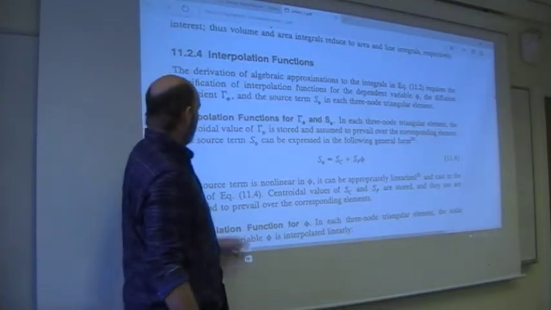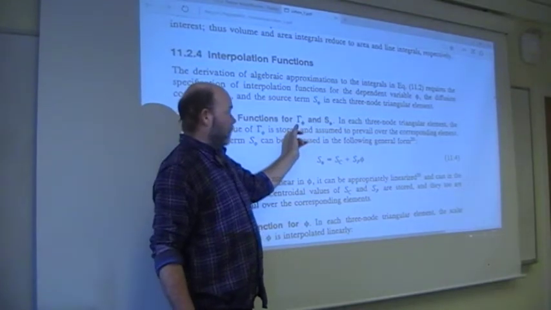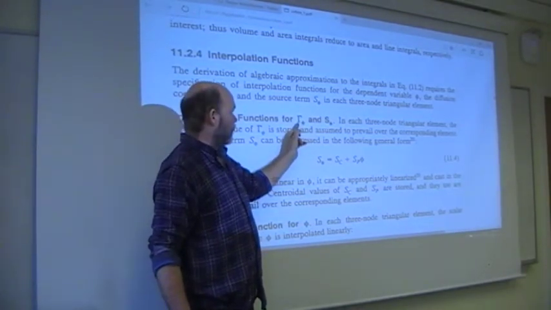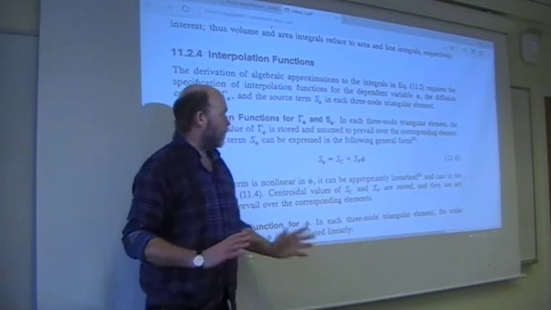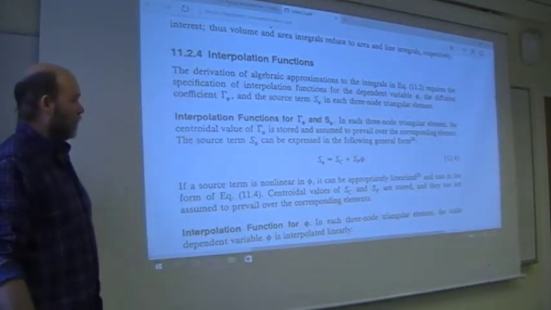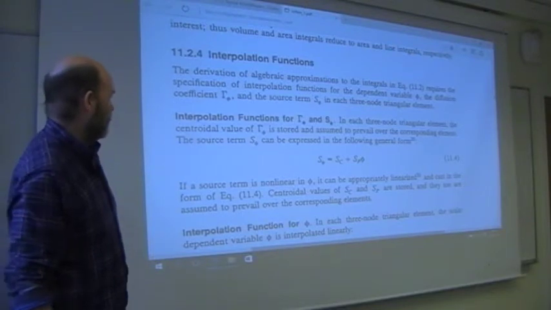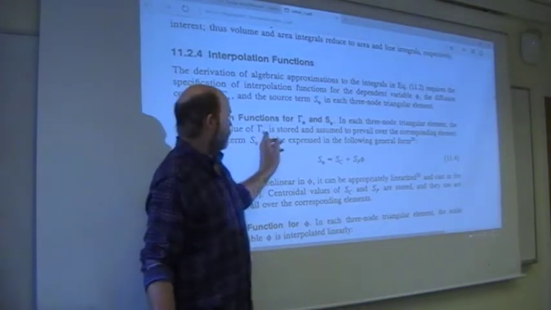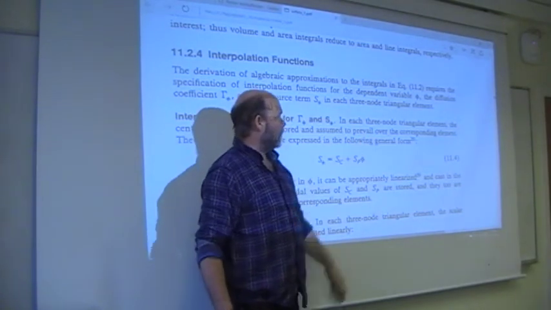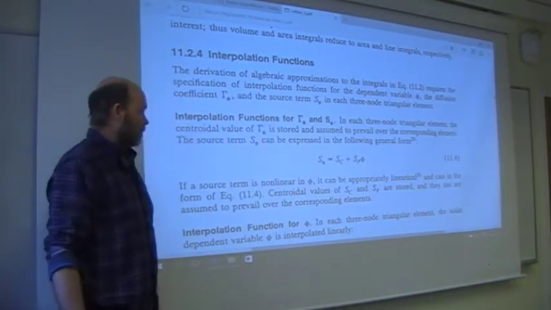For the large gamma, not so important for us. Normally it will be a constant anyway, but it can be something changing with space as well. Still only stored here and assumed to prevail over the corresponding element, so it should be constant.